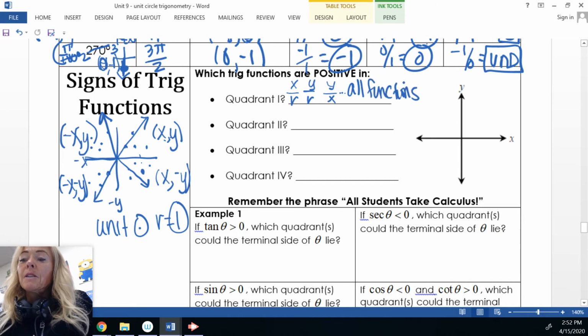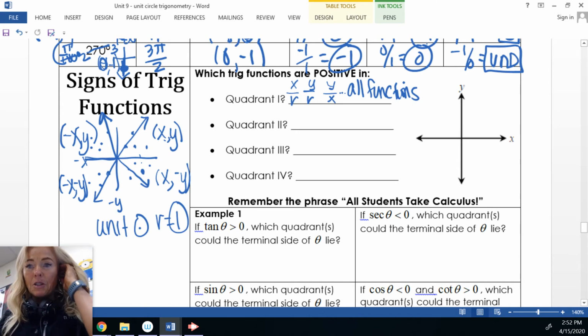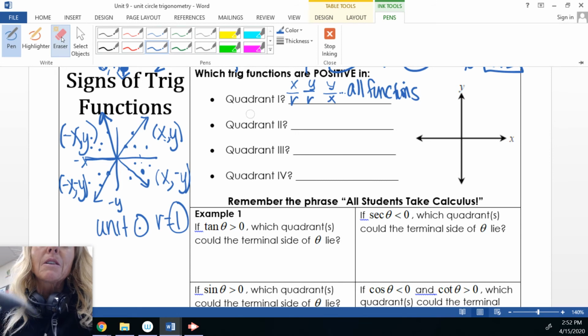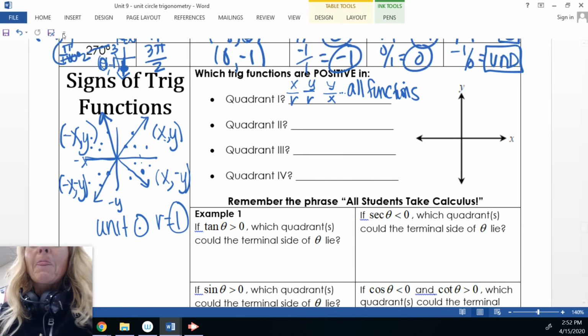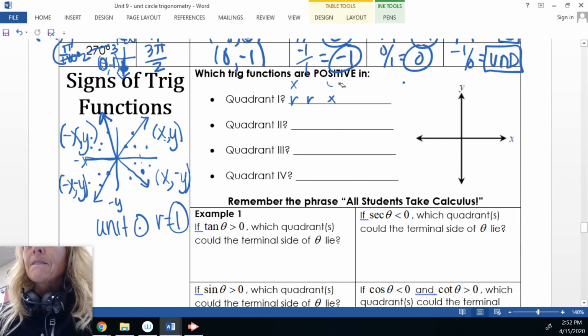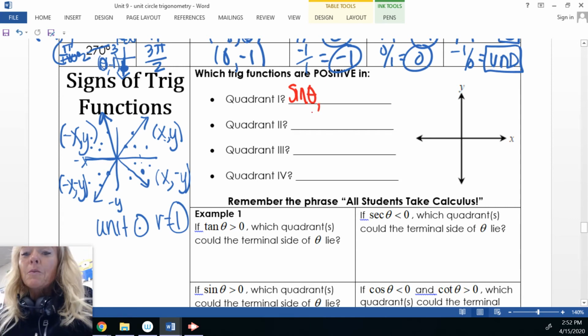All those functions are going to be positive. I'm just going to erase this and write, all functions are going to be positive. So that means sine theta, which is y over r, is positive because y is positive, r is positive.